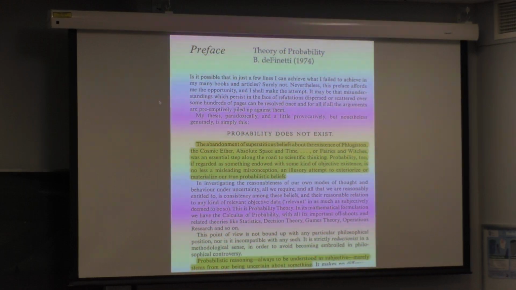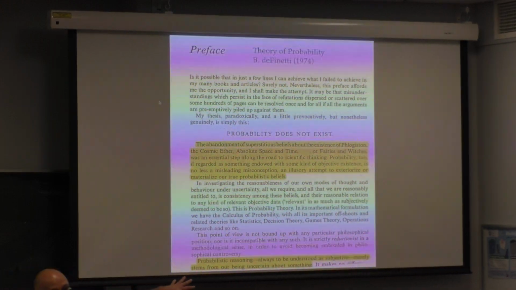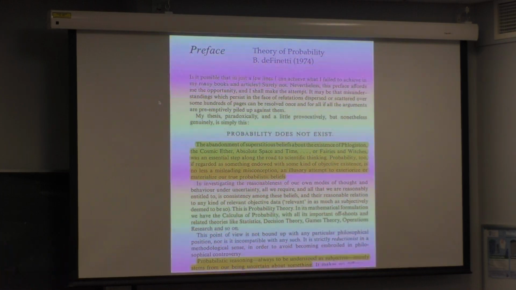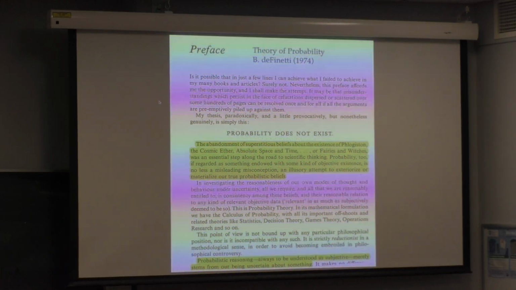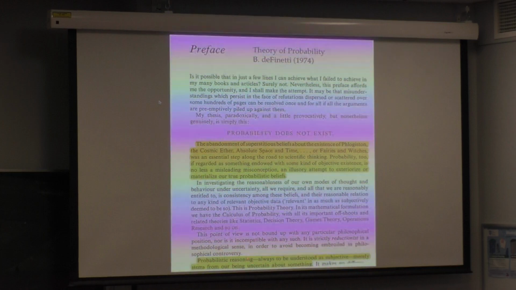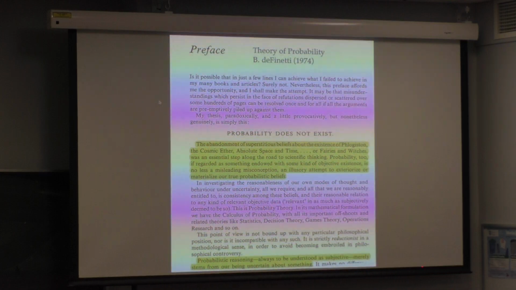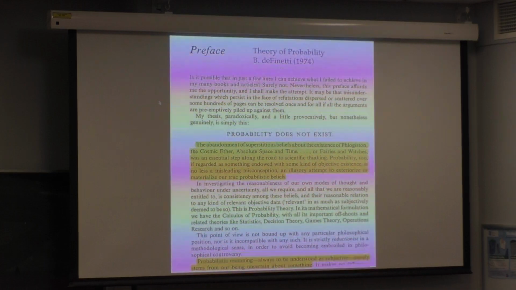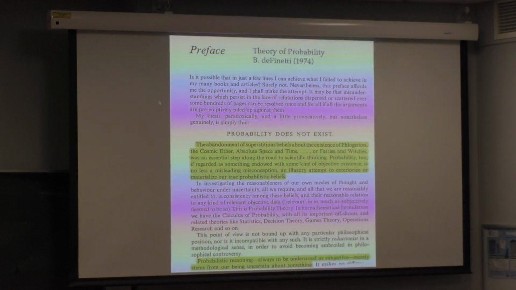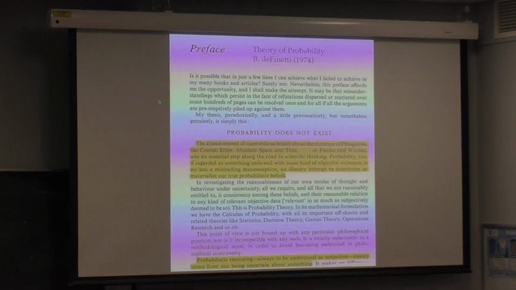And the important thing is that, and this is similar to one of the first papers I showed you, probabilistic reasoning should always be understood subjectively. It merely stems from our being uncertain about something, right? So it's our uncertainty that makes statistics useful.